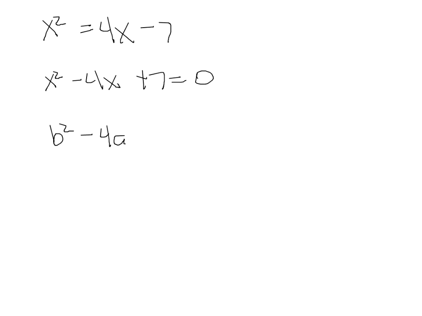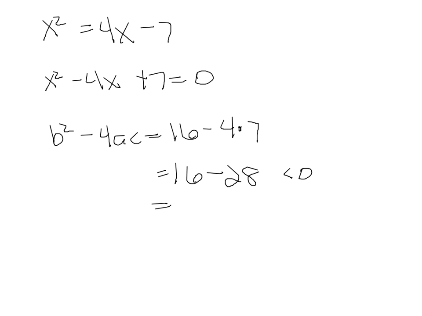Now I'm going to look at the discriminant. So b squared is 16 minus 4 times 1 times 7. So I get 16 minus 28, which is going to be negative, minus 12.